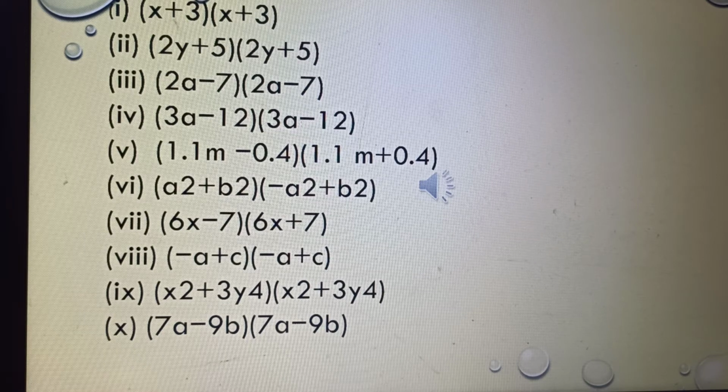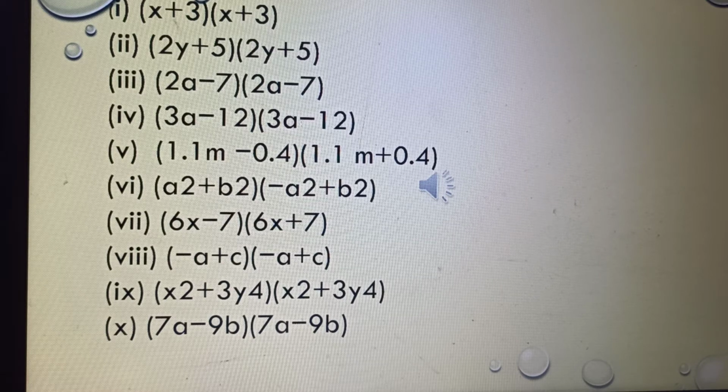Here the formulas are a plus b and a minus b, so we have to use the formula a square minus b square. That is 1.1 whole square minus 0.4 whole square. Next is a square plus b square into minus a square plus b square. We can write it like that: b square plus a square into b square minus a square.